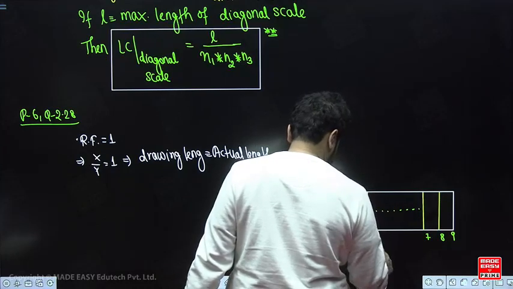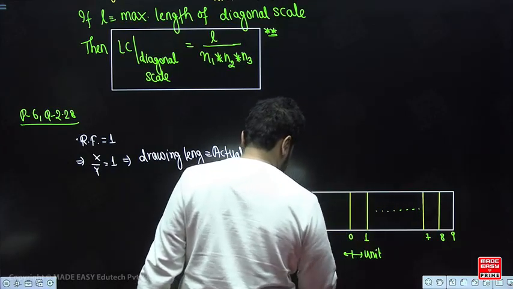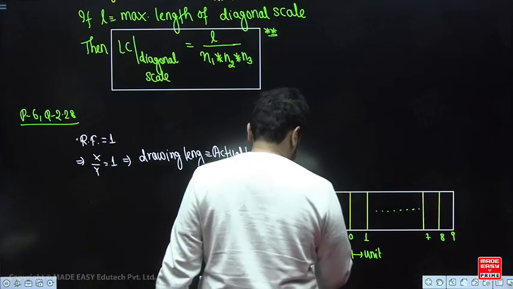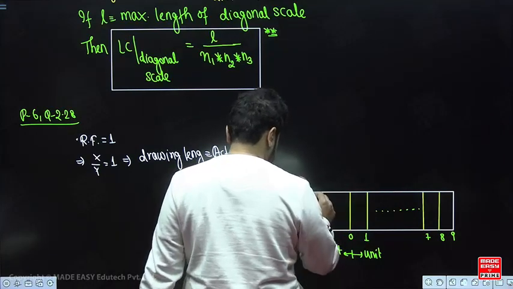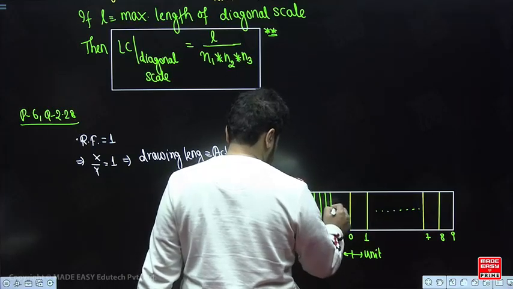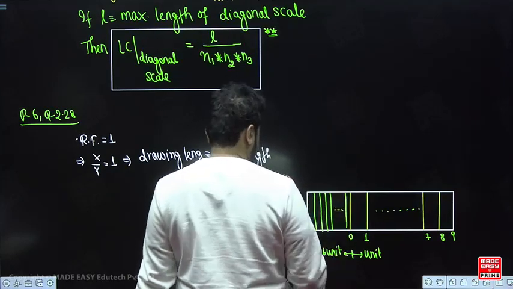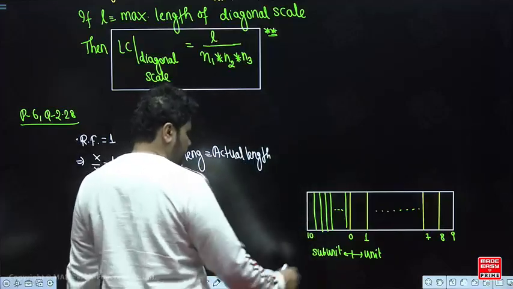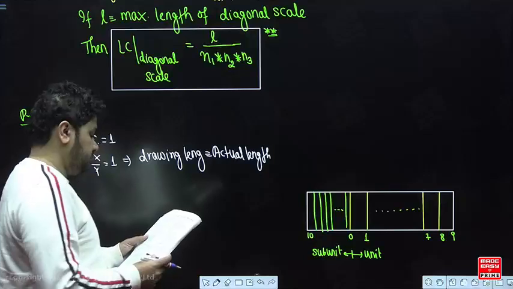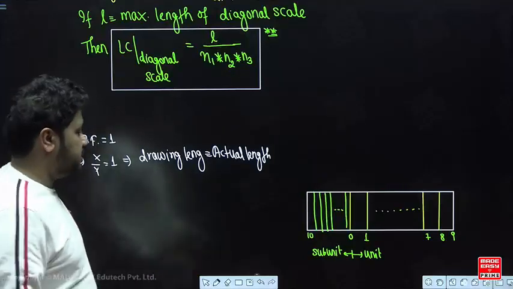This is your unit. So, this will be your subunit, isn't it? So, 10 divisions like this. Now, what it is saying is that the maximum distance to be measured is 10 centimeters.